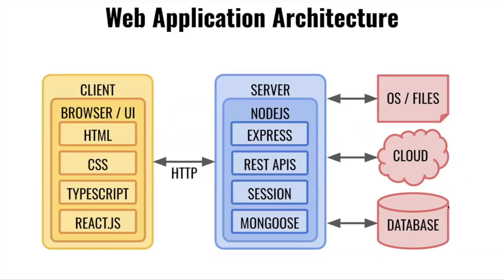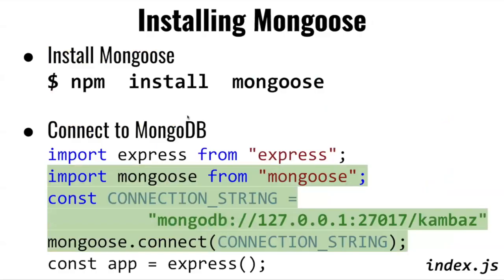Compass allows us to talk to the database by inserting, retrieving, doing all the CRUD operations. But we don't want to do that manually. We want to do that programmatically. We want to write a server program that can connect to the database and do all those operations following a certain algorithm, following a particular application that we're going to be building. So we're going to need to install Mongoose and then connect to it from our source code.